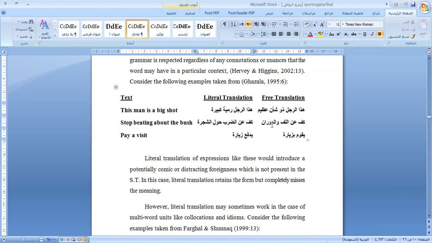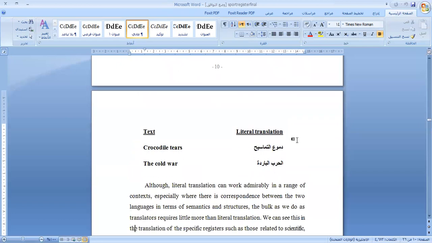Then the free translation strategy gives a sense. Pay a visit, يدفع زيارة. This is literal translation, and this collocation does not exist in Arabic. While following free translation, we can say يقوم بزيارة, and this is a suitable translation.